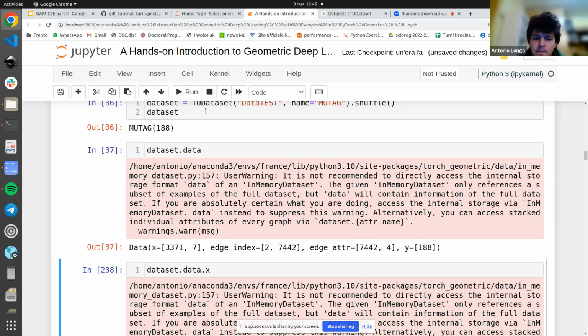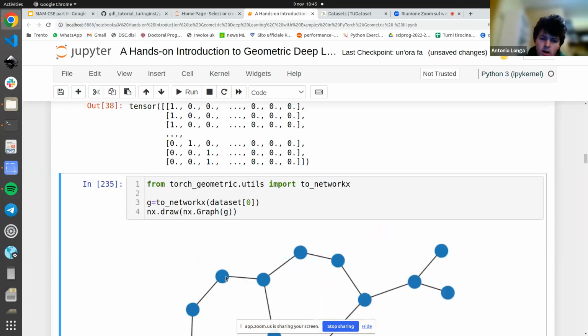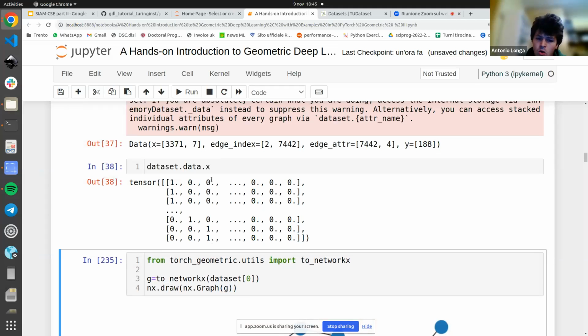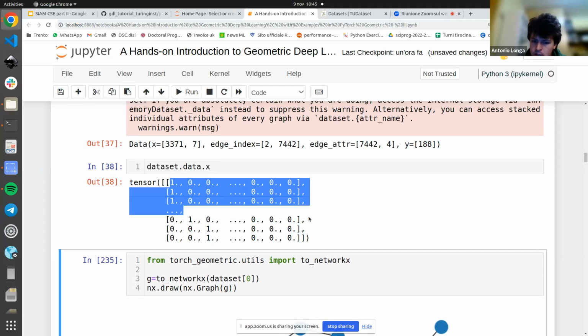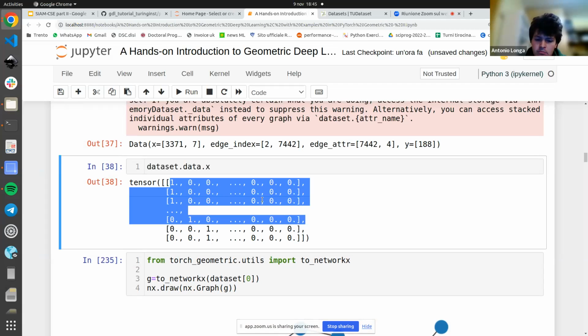I'm not in that field. So I know that it's a binary classification problem. I know that each node has 7 features, and that's all.